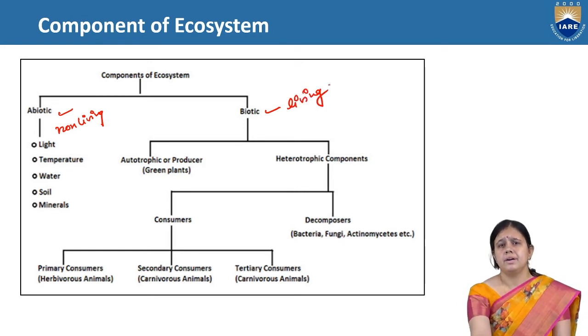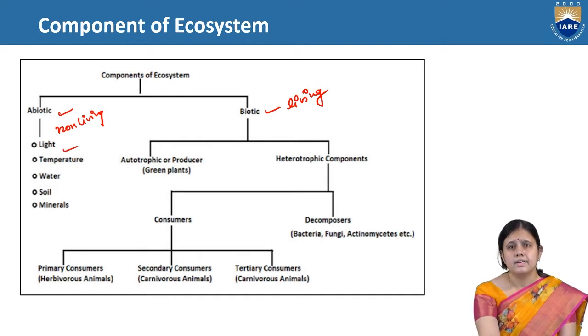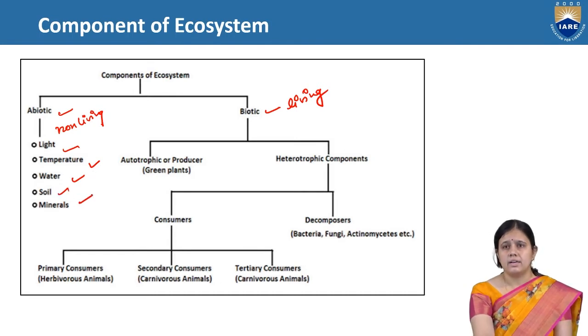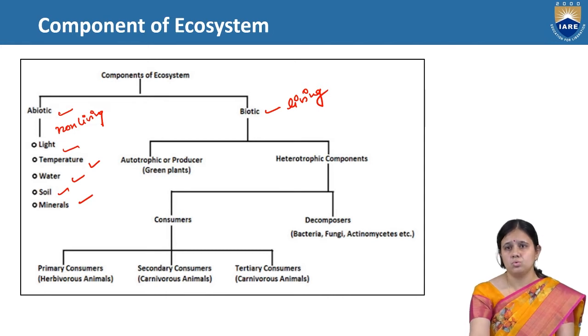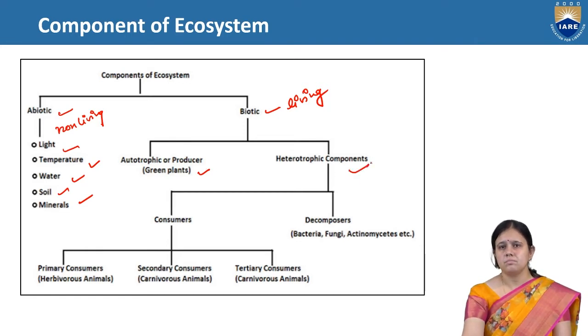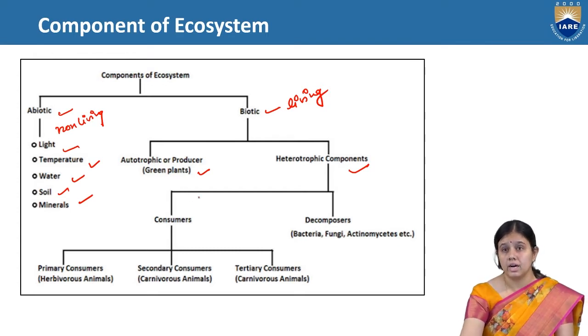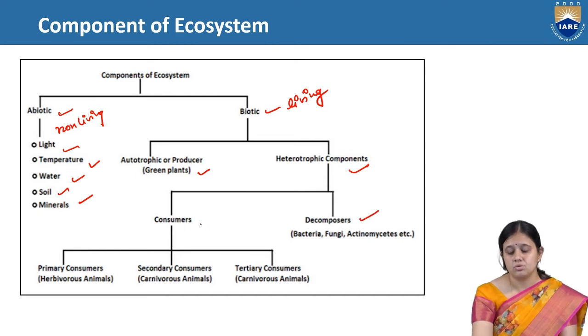So abiotic factor is again divided into many factors like light, temperature, water, and soil and minerals. And biotic components, in a broad way, are divided into two types: first is autotrophs and second is heterotrophs. We will discuss these in the coming slides. The heterotroph is again divided into two parts: first is decomposer and second is consumer.